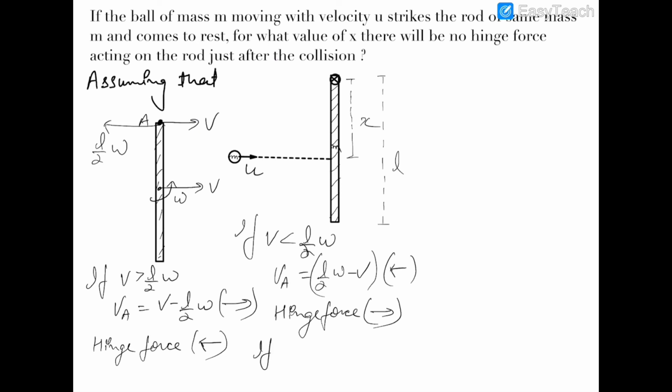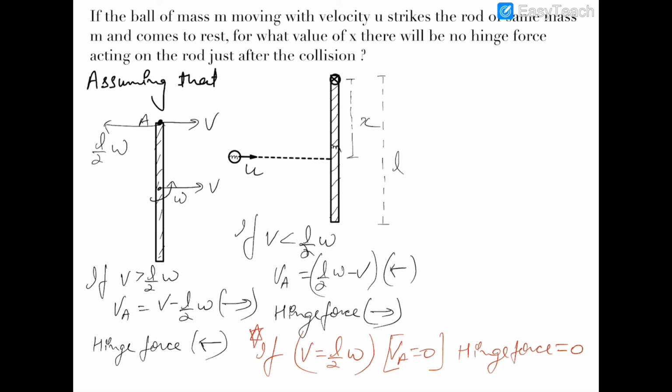So if v is equal to L by 2 omega, then obviously point A will not move, and therefore there is no tendency of point A to move, and hinge force in that case will be 0, because hinge force will only act when A shows the tendency to move. So if A has 0 velocity, then hinge force would be 0. So this is the related concept.